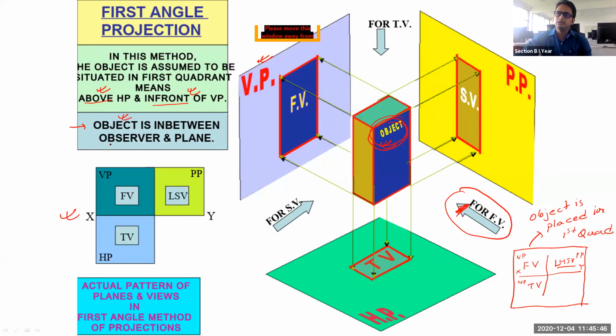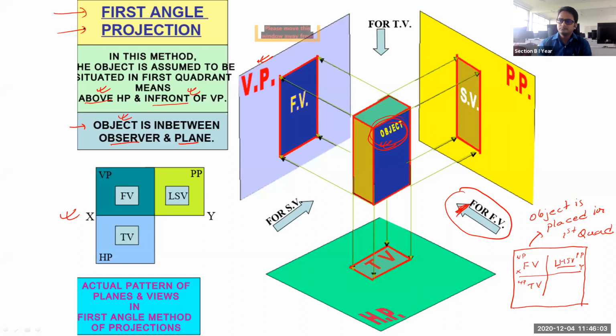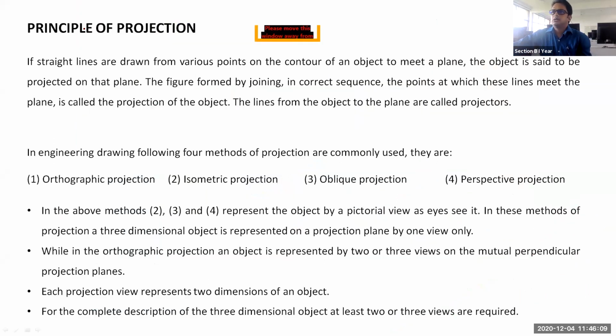The object is in between the observer and the plane. You have to keep this in your mind. This is for your first angle projection method. So this is all about your first angle projection method.